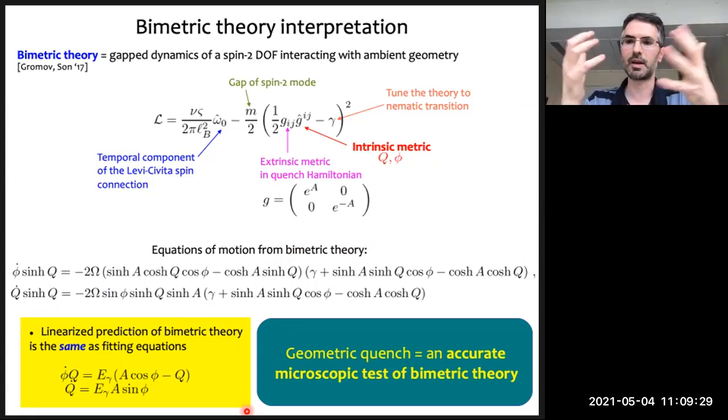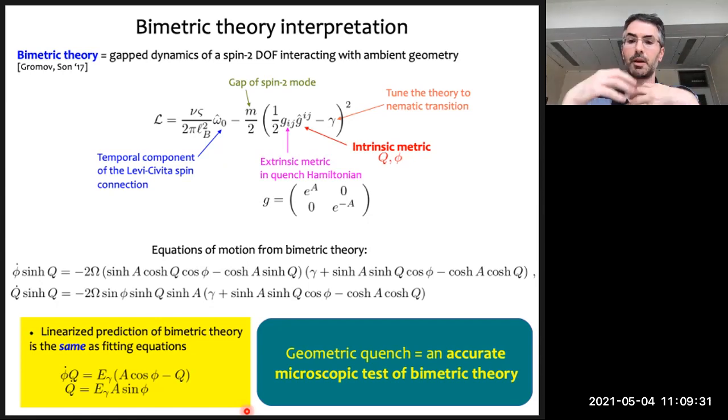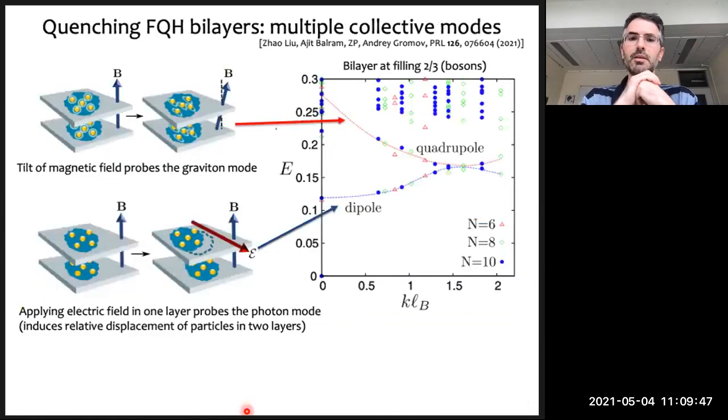So we can really test how well it describes the microscopic dynamics, and we can maybe push it to some regimes where it may not be so well defined, and then maybe we can learn how to extend it in various ways. Okay, and so just to advertise something that we recently did on this.